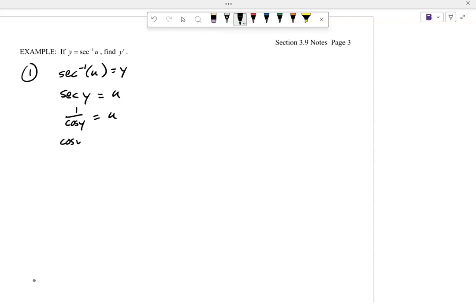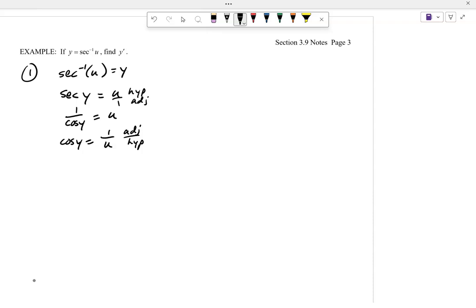So the cosine of y equals 1 over u, which would be the same thing. Cosine is adjacent over hypotenuse, or you could think of this as hypotenuse over adjacent if you want to do it that way.